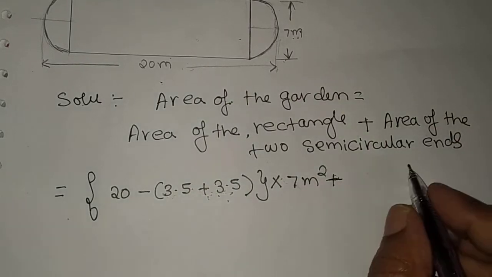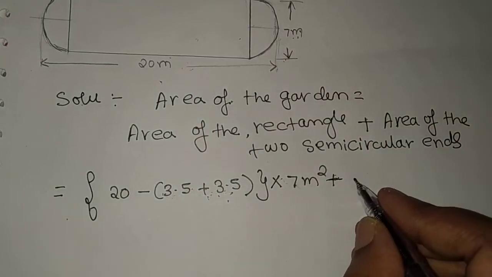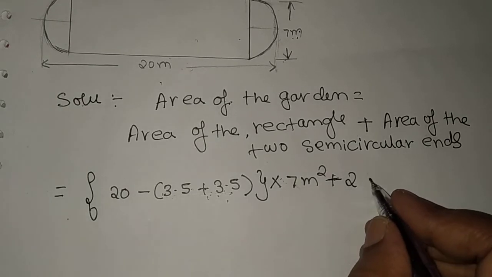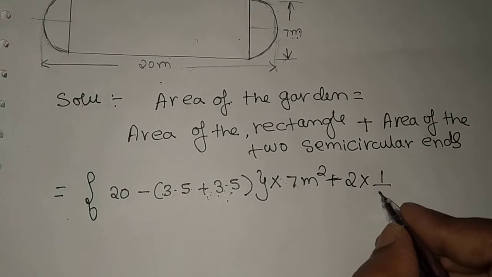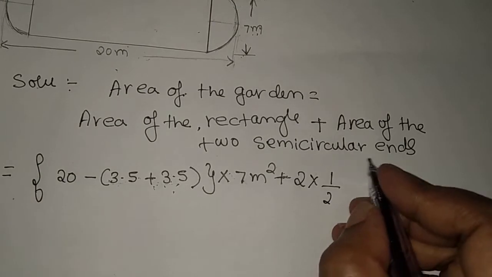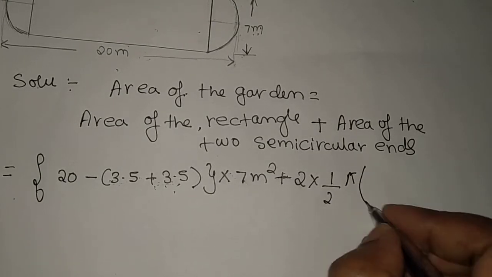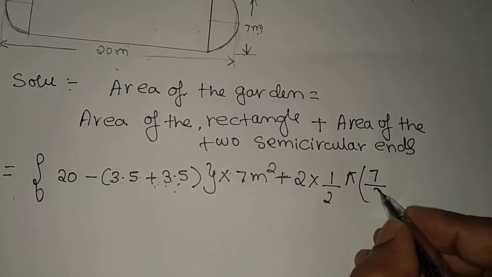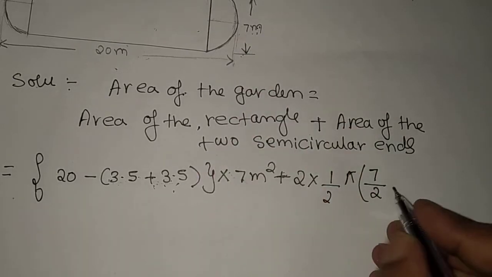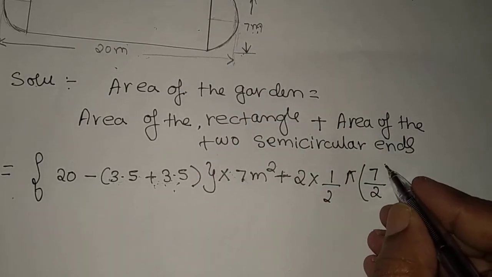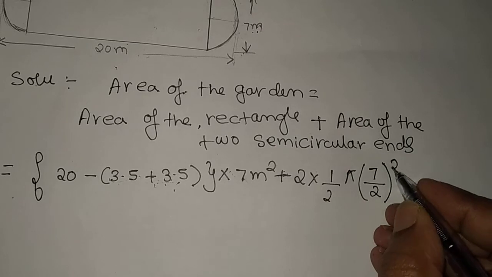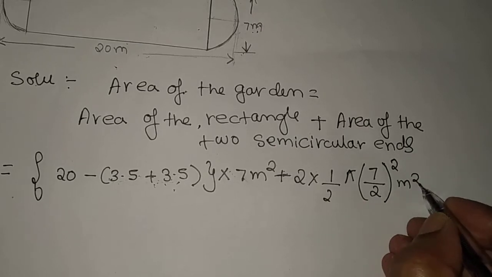After this, area of the two semicircles, how should we write? 2 semicircles means first 2 into 1 by 2, then pi into 7 by 2 whole square, that is radius square, in m square.